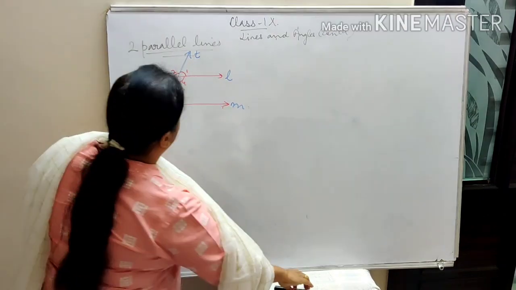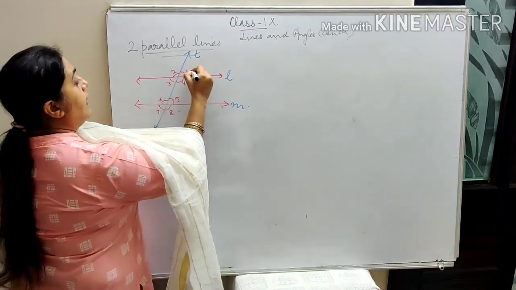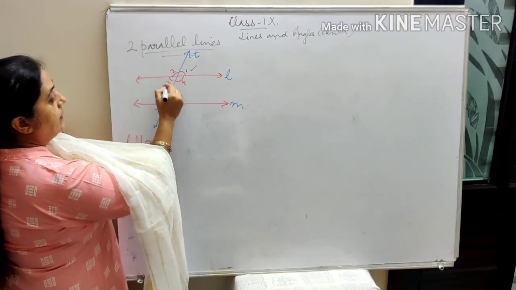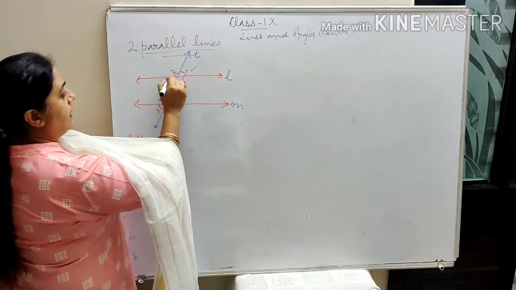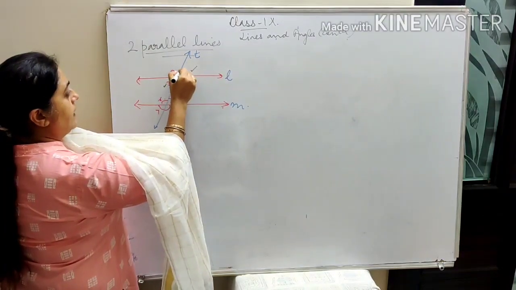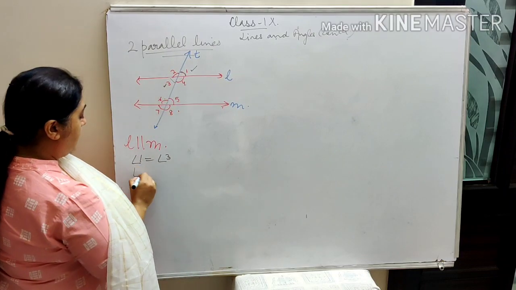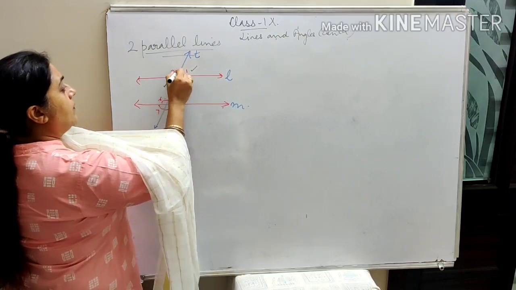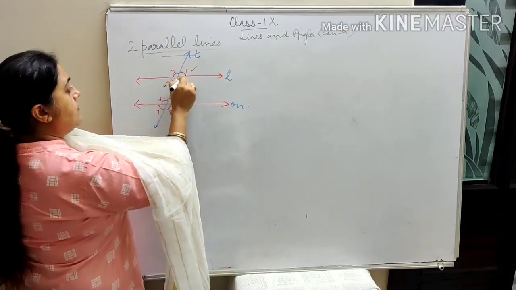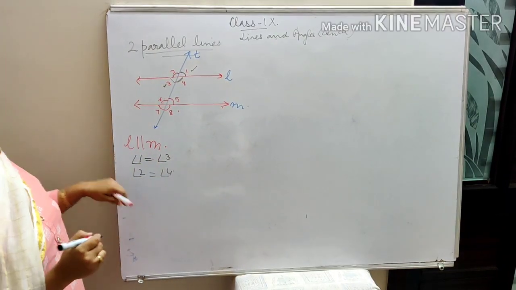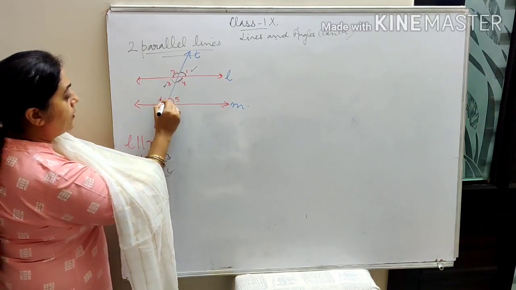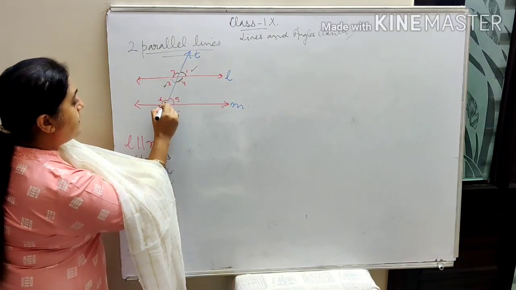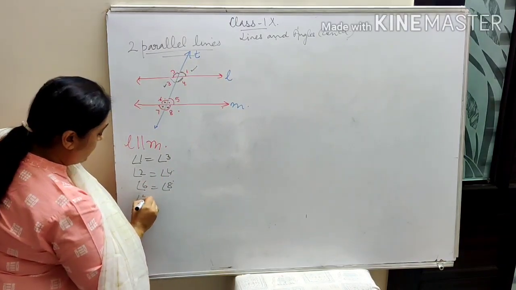And if I talk about 1 and 3, then 1 is equal to 3, right? I am just going to mark it with black only so that you can get it. Similarly, when I talk about 2 and 4, they are also equal. These are vertically opposite angles. Similarly, when I talk about 6 and 8, 6 is equal to 8 and similarly 5 is equal to 7.